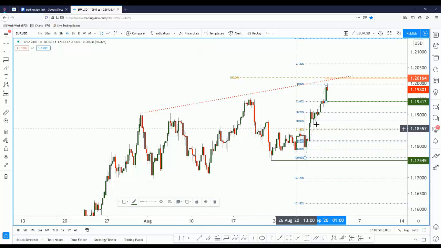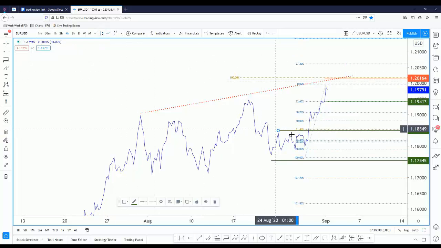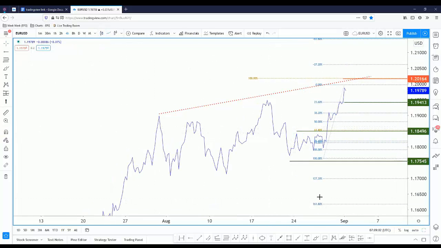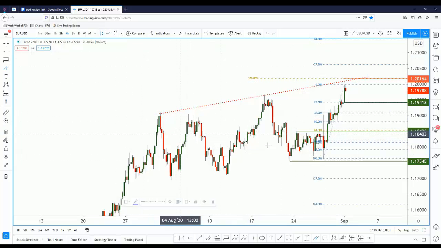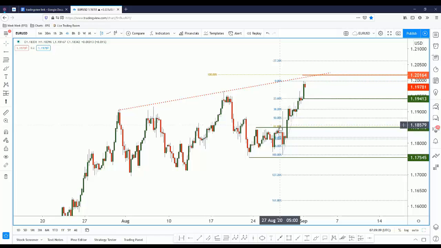So this is the first support, and of course the next level, breaking 23.6, we should see price go to the 61.8, which is the graphical overlap in close. There is a graphical overlap in this region here. So I'm just going to leave these two levels, the 23 and the 61.8.